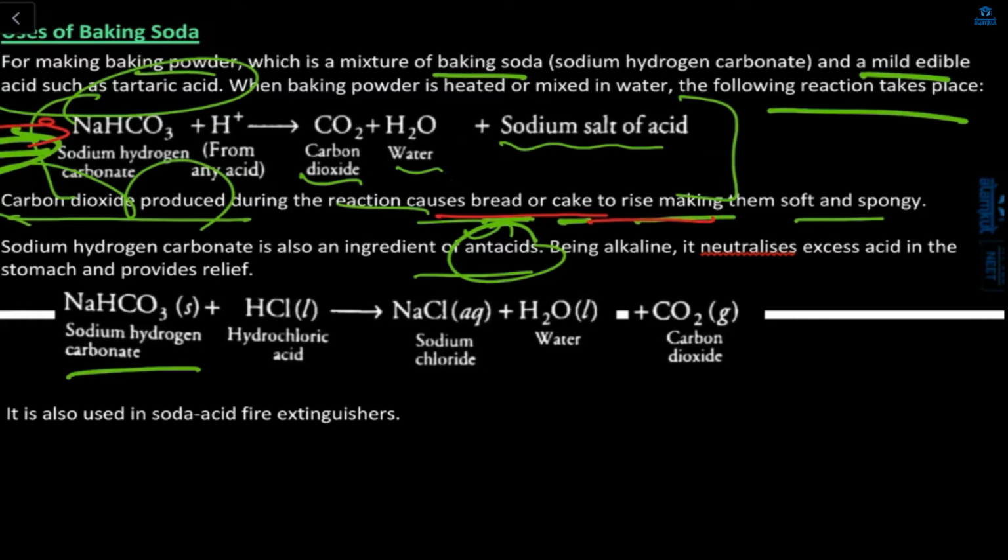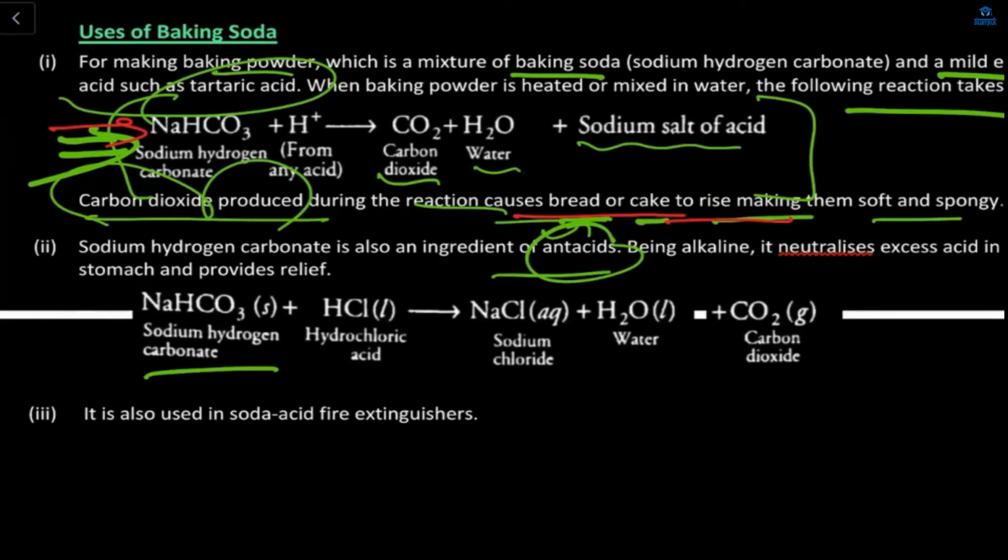If we take baking soda, it acts like Eno and helps to reduce our acidity. So here we are taking the sodium hydrogen carbonate with HCl. It produces sodium chloride, water, and carbon dioxide. So it acts as an antacid.